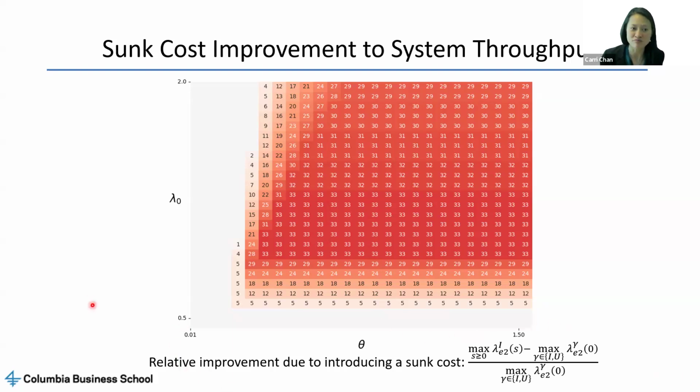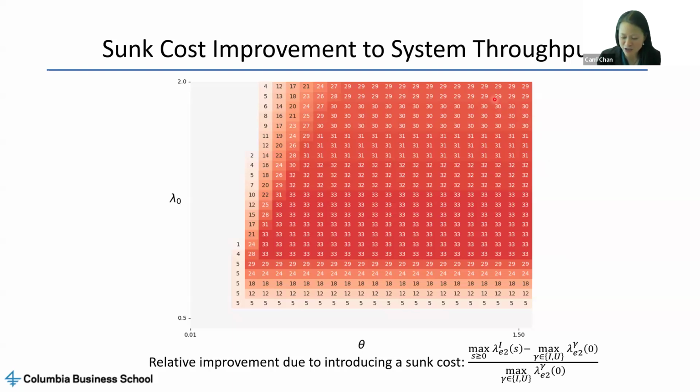And so same kind of X and Y axis, the theta parameter on the aversion to sunk cost, external arrival rates. Now in these gray regions, there's no sunk cost. So obviously there's no benefit to having the optionality for a sunk cost. But in this region where you want to have both a sunk cost and provide waiting time information, there's a huge benefit in terms of system throughput of adding in the sunk cost and optimizing it.